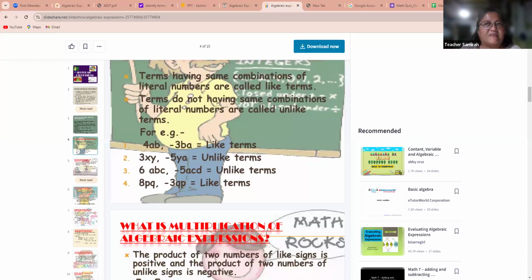How about x squared and x? Can you consider that one as like terms? Can we be able to combine that one? If you see an expression such as x squared and x, can we combine it and maybe add it or subtract it?